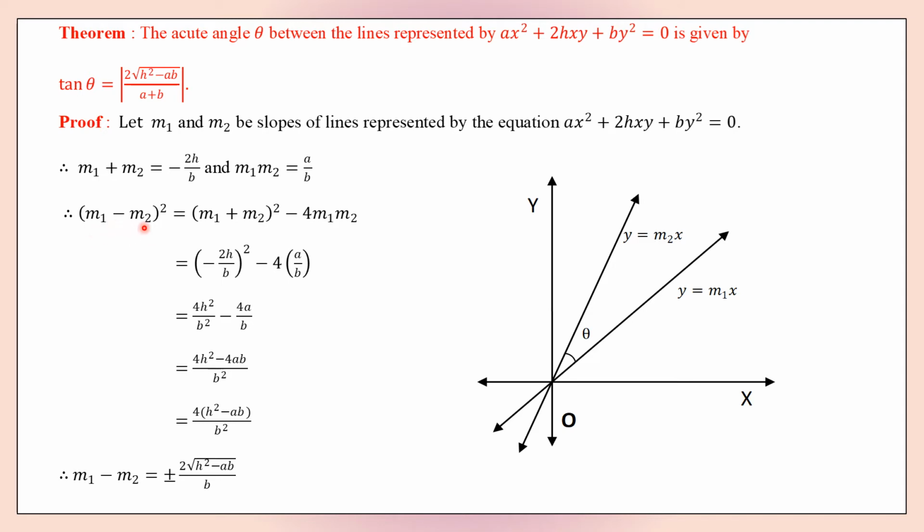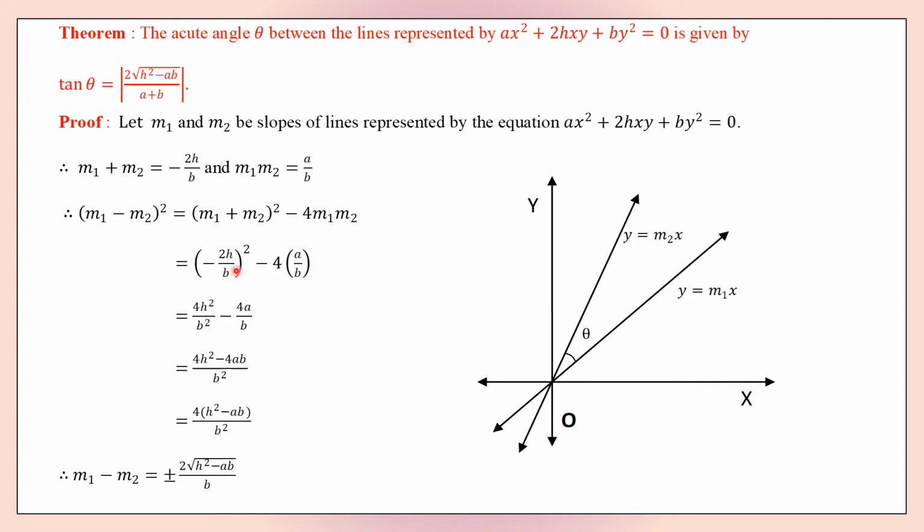Here (m1 - m2)² can be written in terms of the sum and product of the slopes, that is (m1 + m2)² - 4·m1·m2. Put the values of m1 + m2 and m1·m2. Then we get (m1 - m2)² = (-2h/b)² - 4·(a/b). Here the square is taken positive, so (2h)² is 4h², divided by b², minus 4 into a/b.